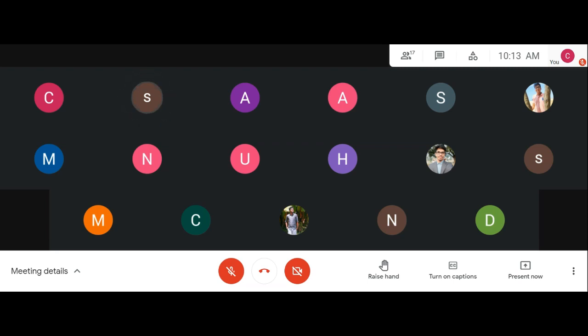So far we have seen different kinds of protein structures. Do you have any questions so far?